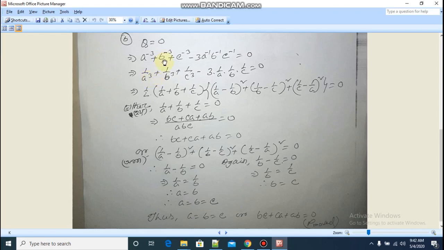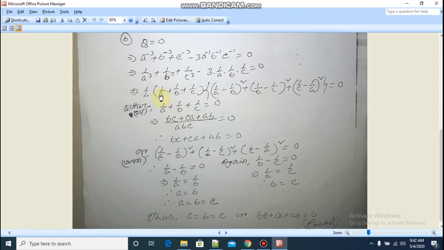In the same way, b to the power minus 3 equals 1 by b cube, c to the power minus 3 equals 1 by c cube. In the same way we can write this. Okay, a cube plus b cube plus c cube minus 3abc equals 0. This is the formula from the previous line. Half into a plus b plus c into a minus b whole square plus b minus c whole square plus c minus a whole square equals 0.